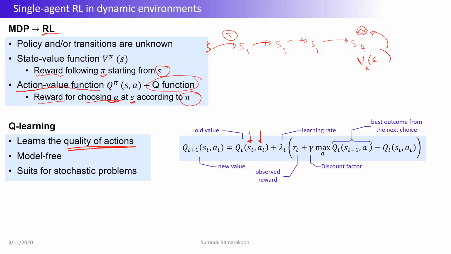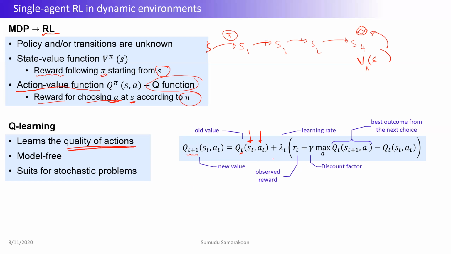Suppose this is the Q value we know at time t, so this is the old value. What we are trying to find is the Q value for the same choices at t plus 1. How is it going to be updated?